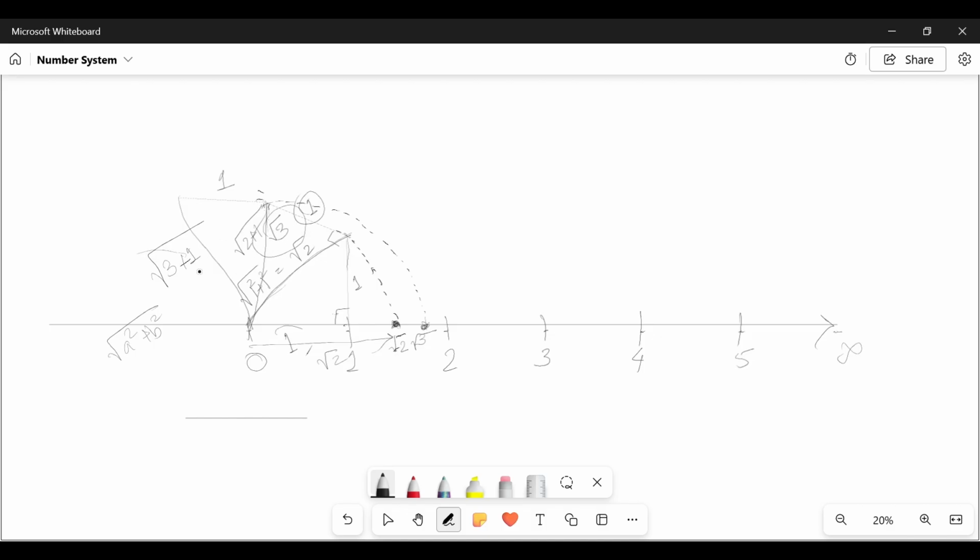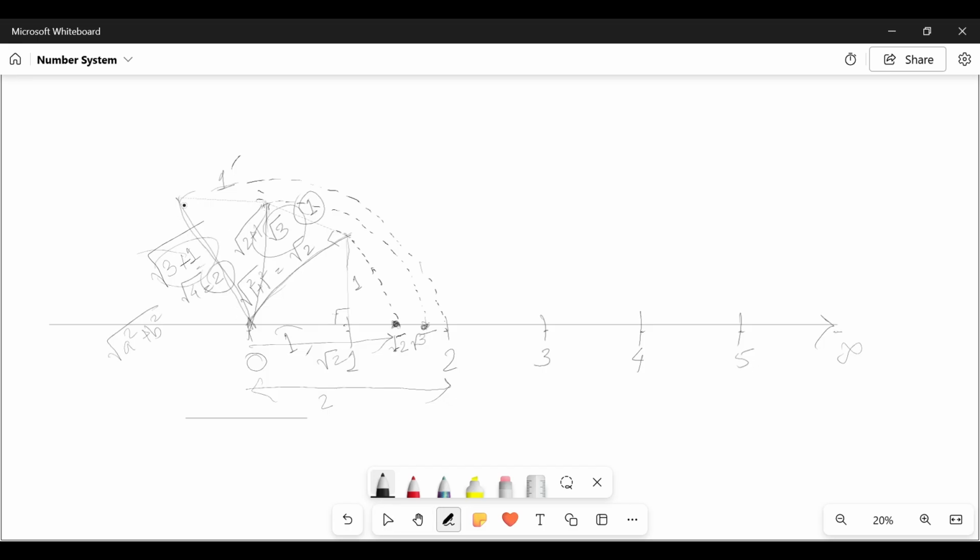A square is square of square root of 3, and b square is square of 1 itself. So what ends up appearing is square root of 4, which is number 2 itself. Now if we consider this as a radius of a circle and draw an arc, this would exactly meet us at number 2 on the number line.